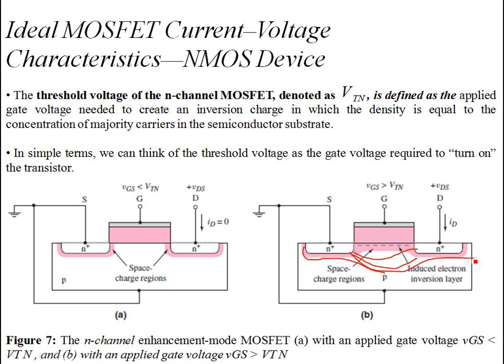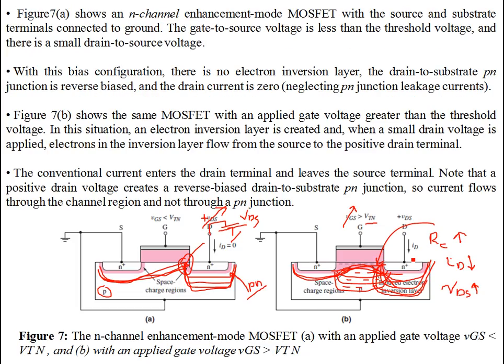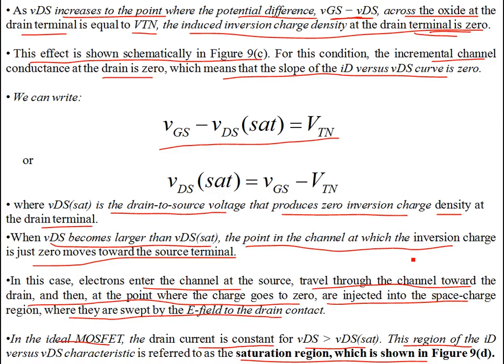You have more and more induced charges, since you're increasing the electric field from VGS, which is much beyond the threshold required; there is a minimum required to establish the channel. Okay, you have more and more negative charges, which are attracted to the bottom of the oxide layer. So what happens is you have more current. As a result, you have more current due to more charge density.